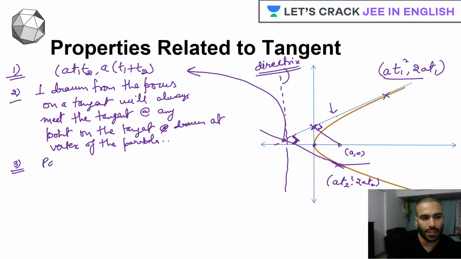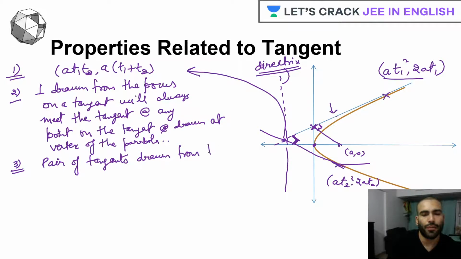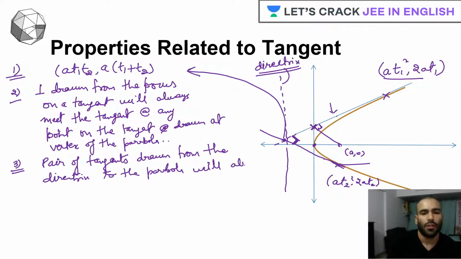You can say the pair of tangents drawn from the directrix to the parabola will always have a 90-degree angle in between.